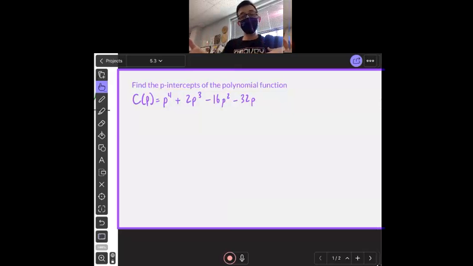Notice they're asking us to find the p-intercepts. I don't normally know about p-intercepts, but I would notice when it says find p-intercepts where p is inside the parentheses where x normally is. So finding p-intercepts and finding x-intercepts is the same thing in this situation. Okay, so they're just asking us to find x-intercepts.